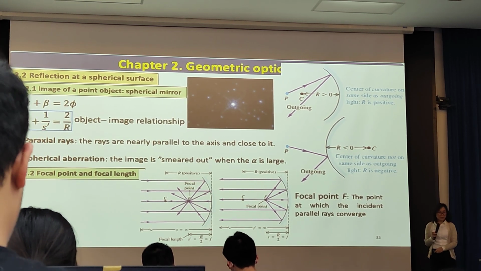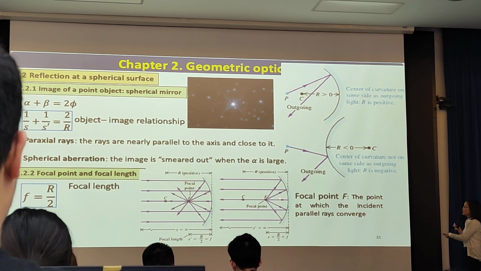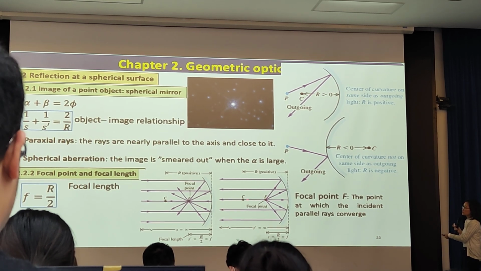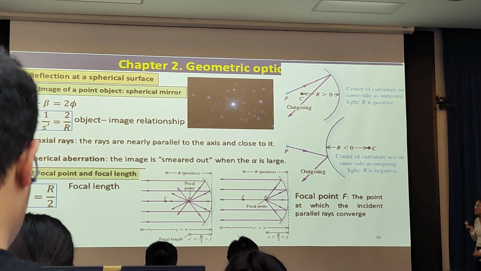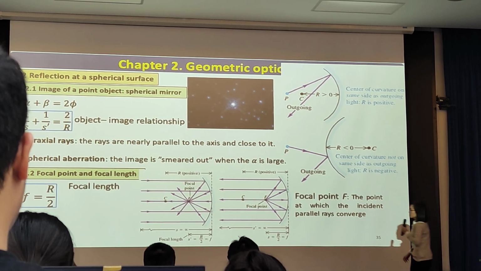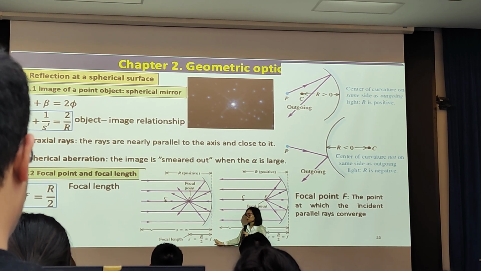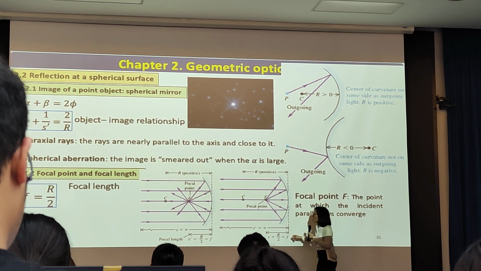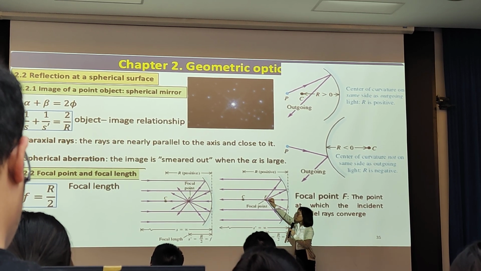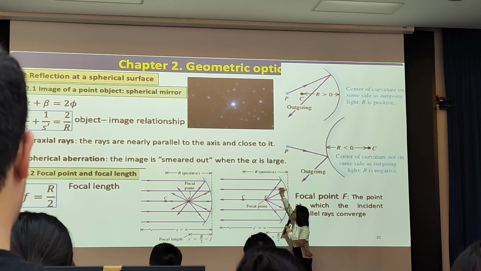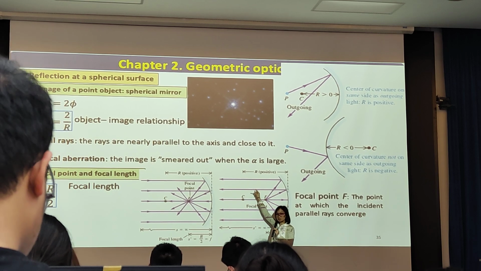Okay. So you have the concept of focal point. And the distance from this focal point to the vertex, or the focal point to the center of curvature, will be equal to each other. You have the concept F equals R over 2. In this case you have s prime equal to R over 2, equal to the so-called focal length F here. Or if you have the object positioned at this focal point, all the incident rays to the mirror will be reflected in parallel to each other.